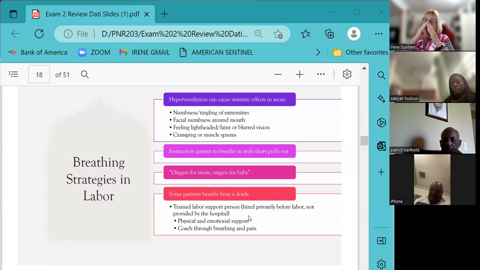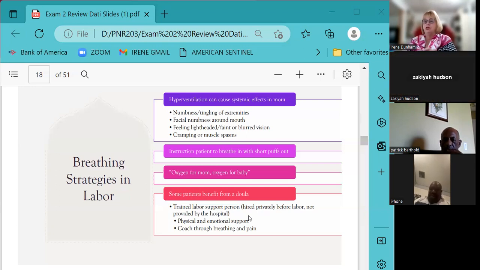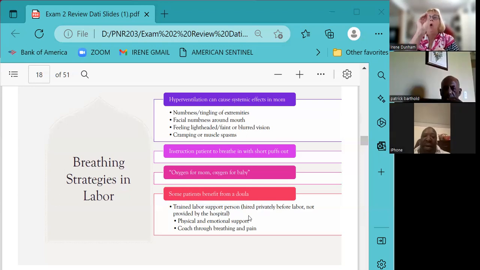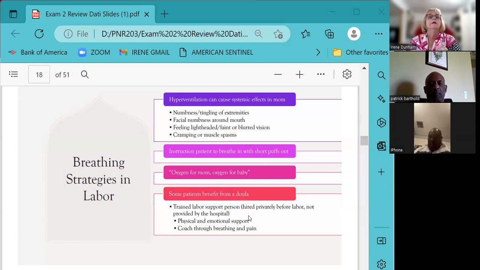I said, let's go ahead and treat you for some hyperventilation. I want to get a hold of that before it goes any further. And again, if we oxygenate for mom, we're oxygenating for baby. That's why we use a face mask, because nasal cannula cannot give the oxygen we need in a short amount of time. Now, this here, you will see again. Write this down. It's called a doula.